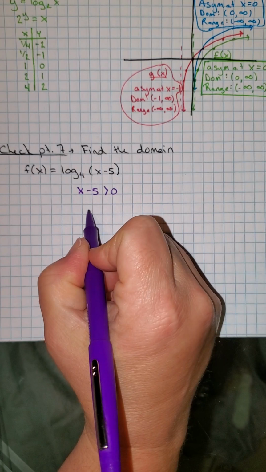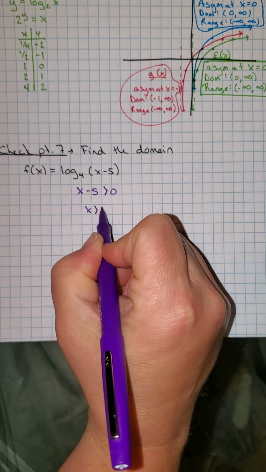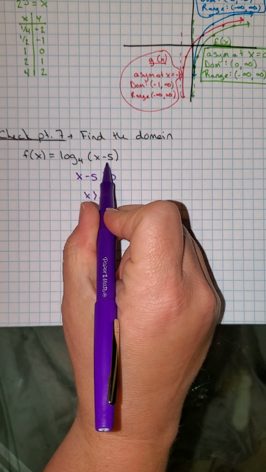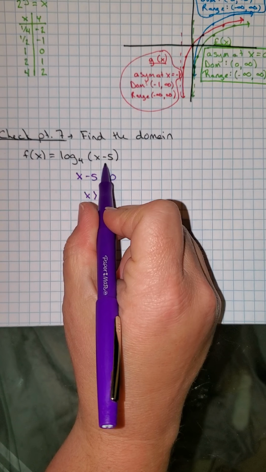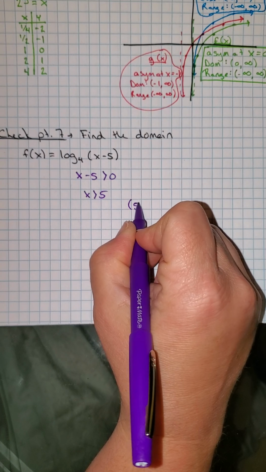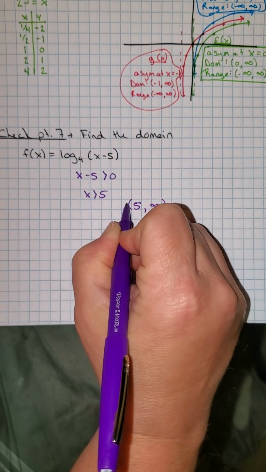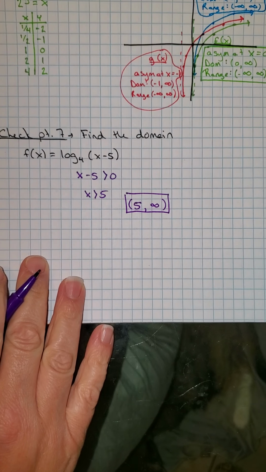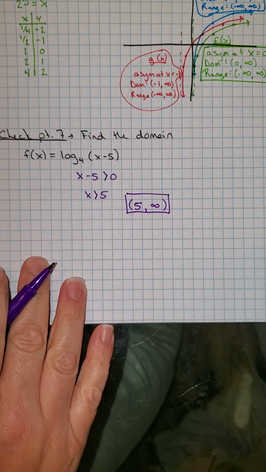That's why there's no equal to here. So you move the 5 over, you have x is greater than 5. And this also has a shift to the right, 5, because you have minus. So it makes sense. So the domain then will go from 5 to infinity, because that's x being greater than 5. It's not bad to do it algebraically, actually.